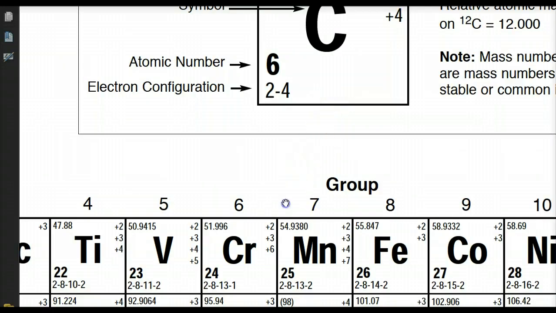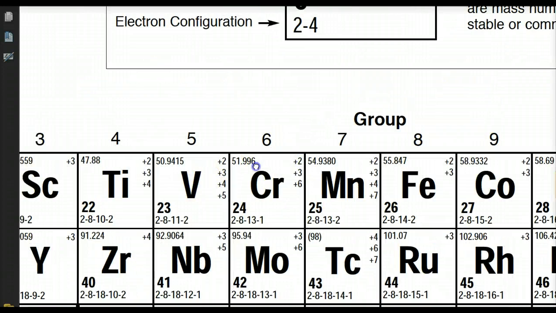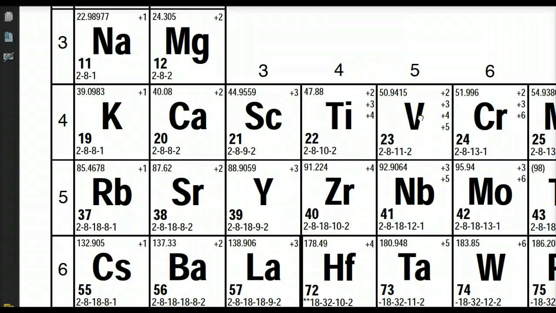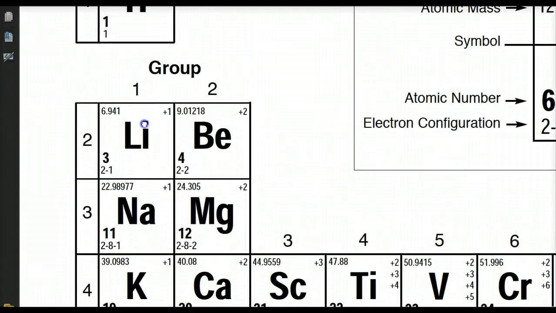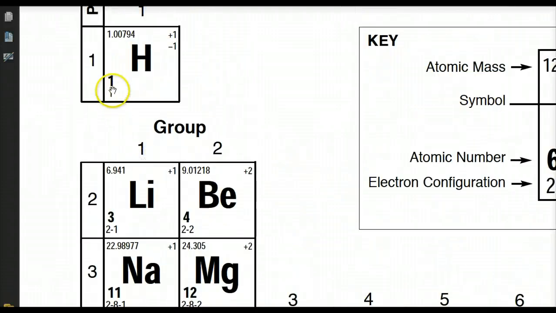Compounds would have to be a bunch, at least two or more different types of elements chemically bonded. In fact, I should be more specific. Okay? Two or more different atoms chemically bonded. For instance, hydrogen, which is H, with atomic number 1, meaning the only atom in the entire universe that has one proton, okay, is hydrogen.